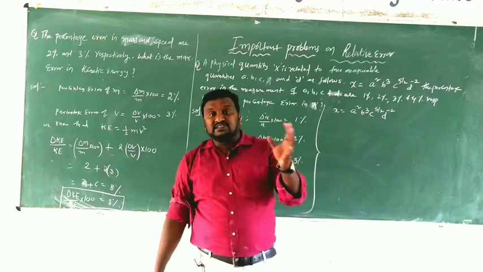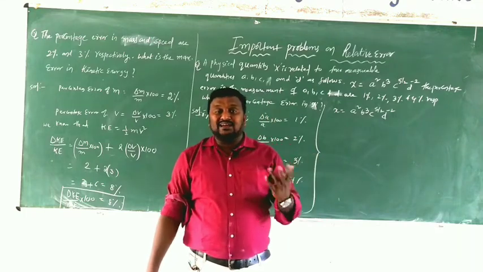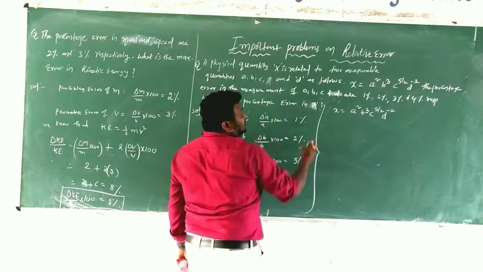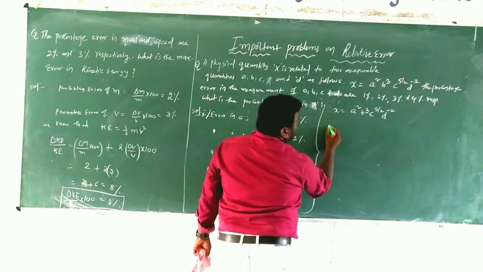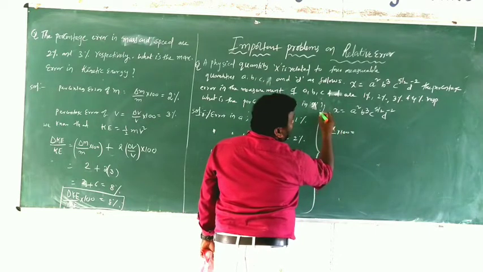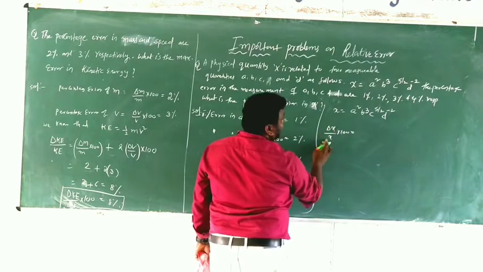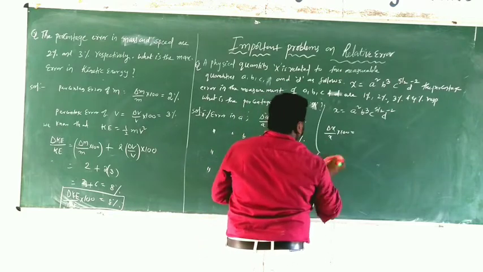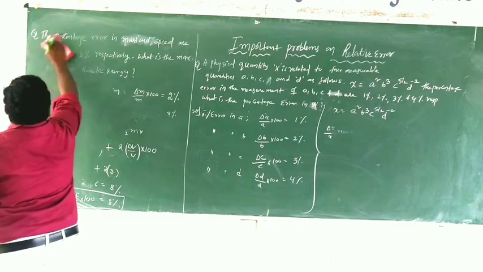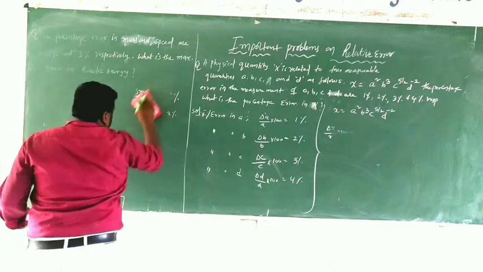So you must watch the previous videos, then obviously you get clarity among the formulas. For this relation I am now writing delta X by X into 100, the percent error.